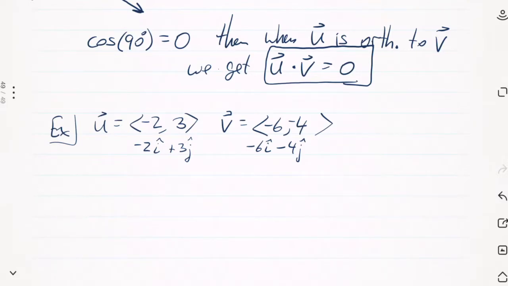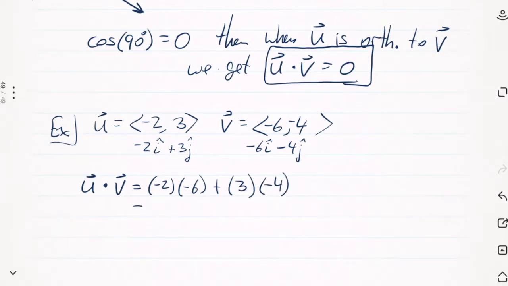I find it much easier to see the numbers rather than the i's and the j's. But either way, if we do u dot v in this case, what we're going to end up with is -2 times -6 plus 3 times -4. So this would be 12 minus 12, which is equal to 0.